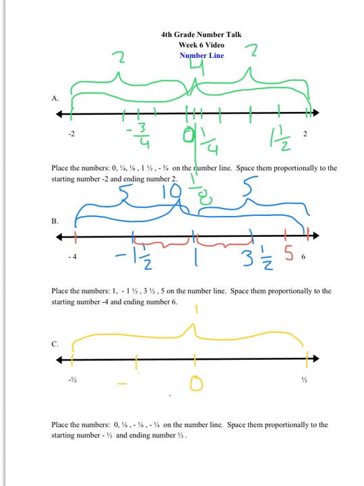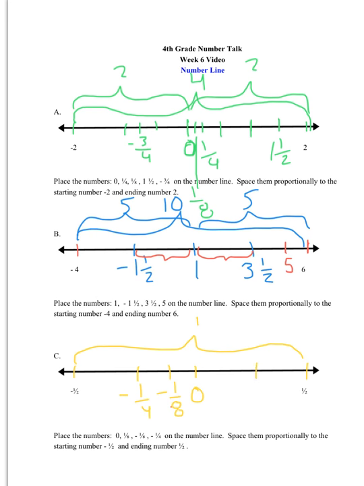Well, that'd be a debt of 1/4. And then what's halfway here would be a debt of 1/8. And then on the other side, what's halfway is 1/4, and then what's, again, halfway there would be 1/8.